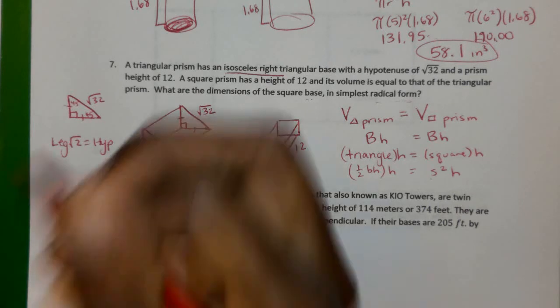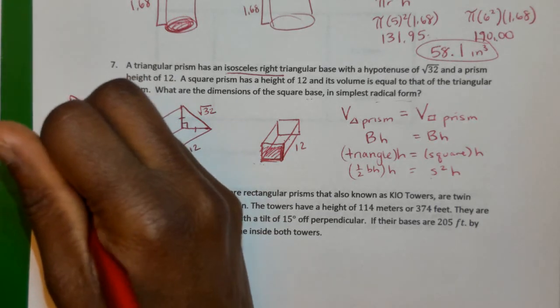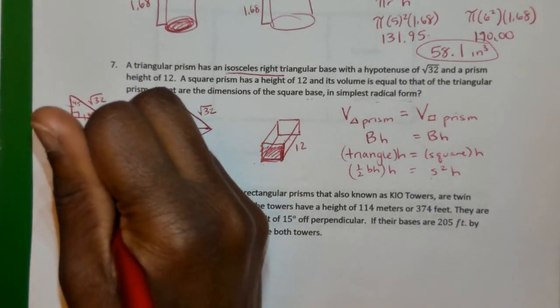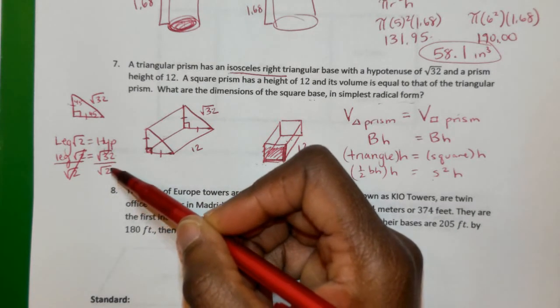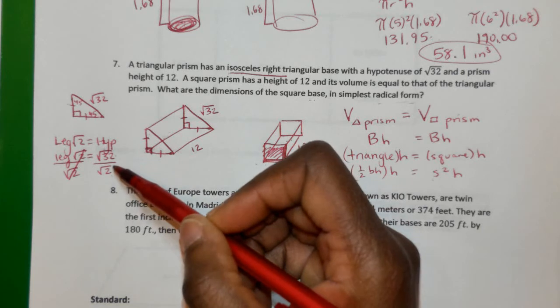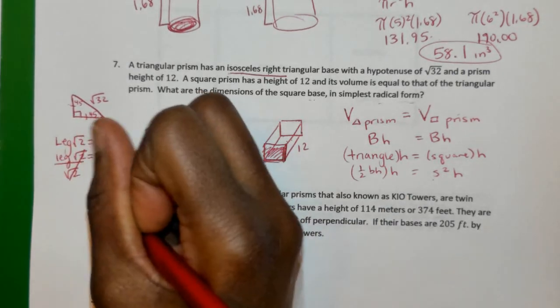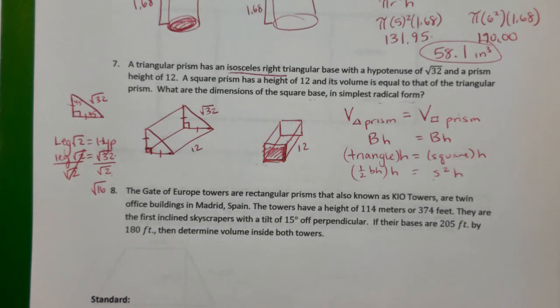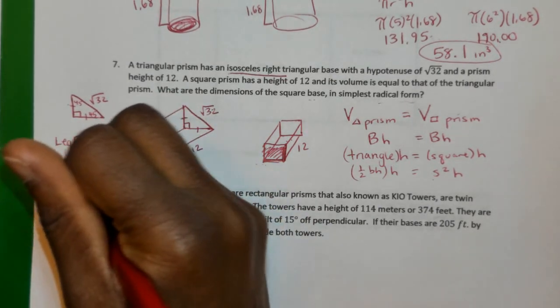Okay, if they give us the hypotenuse, we plug in that. And we divide by the square root of 2. So because these are both under the radical, we can just divide them first and then put the radical back over it. So we do 32 divided by 2, and we get 16, and then we put the radical sign back over it. So the leg is the square root of 16, which is just 4.